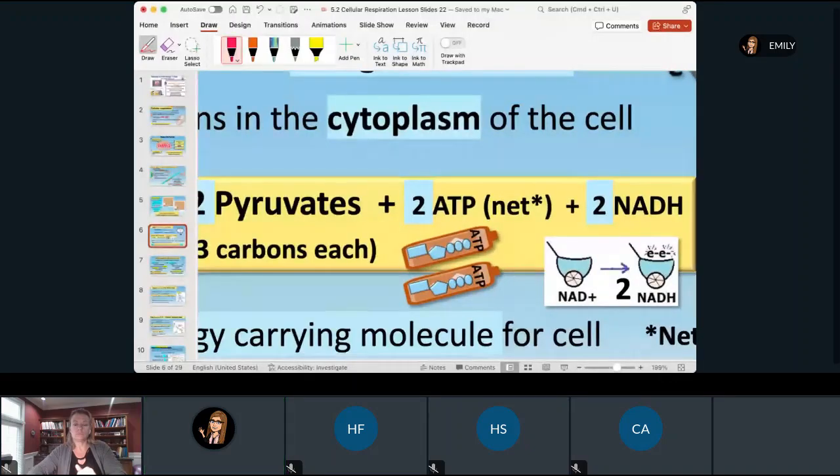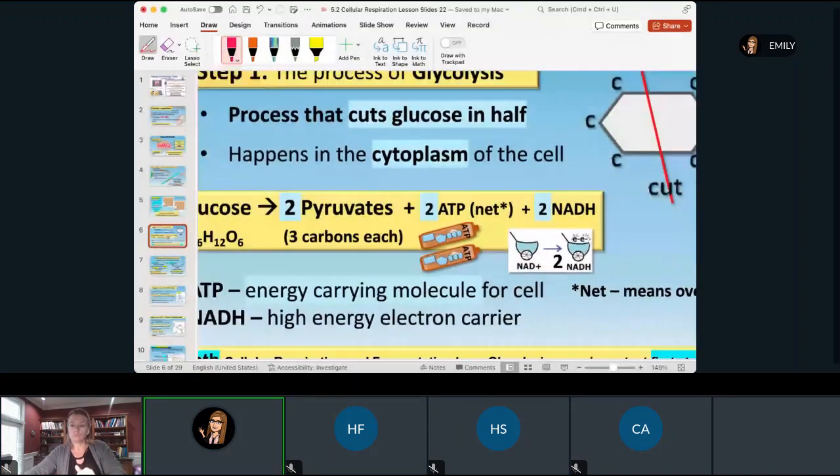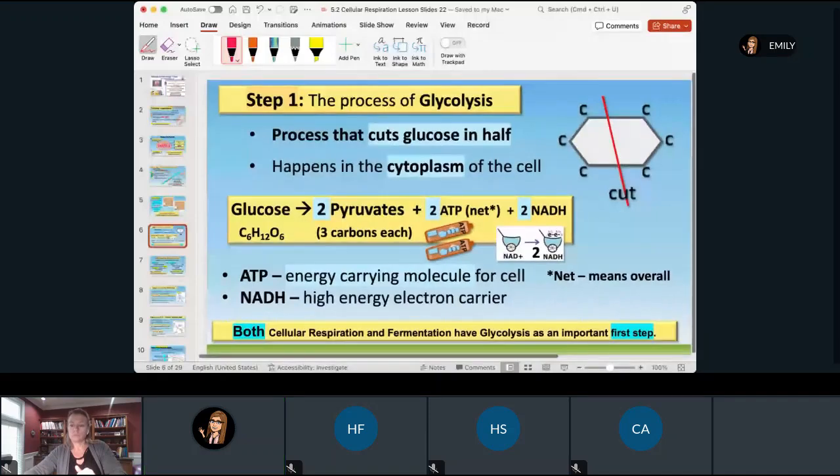Lysis means to split, and glyco is referring to the glucose. So it's literally telling you in the name what the process of glycolysis does, and that is cutting the glucose in half.